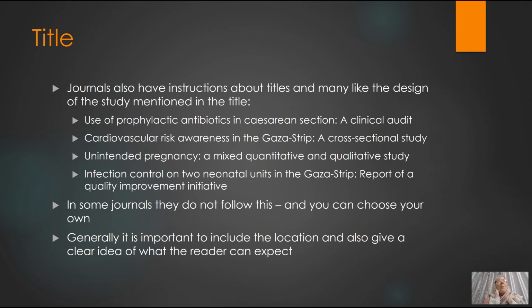Some journals want you to follow a certain title style. Many journals leave this open to the author, and it depends a little bit on your preference, but generally the titles should be succinct and not too long, and this is better for people to find your article and read your article.